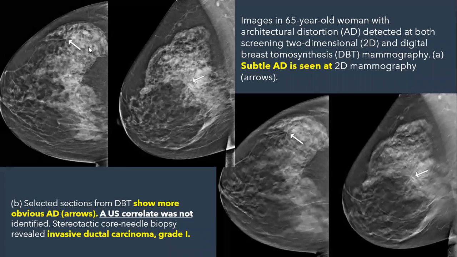Look for the very subtle area of architectural distortion seen on 2D, and look at it on the 3D, how it shows itself very clearly. Here it can easily be missed, but look at the 3D, how it shows this architectural distortion. The ultrasound correlate was not identified, and biopsy revealed invasive ductal carcinoma grade 1.